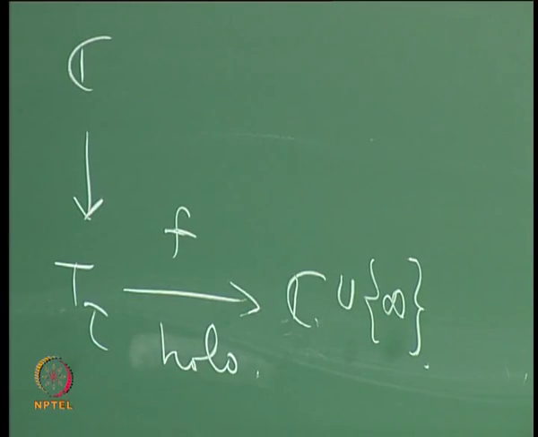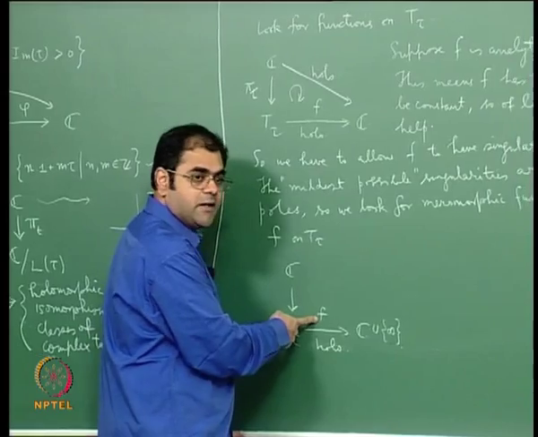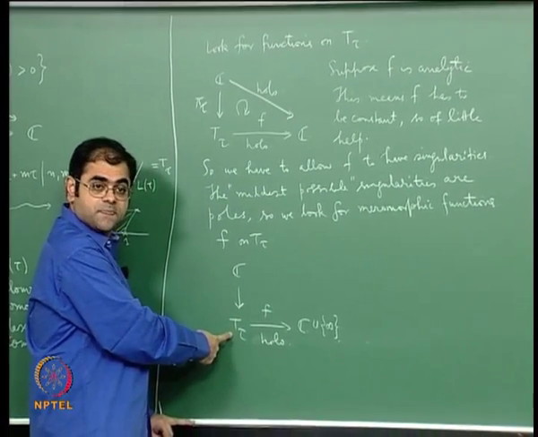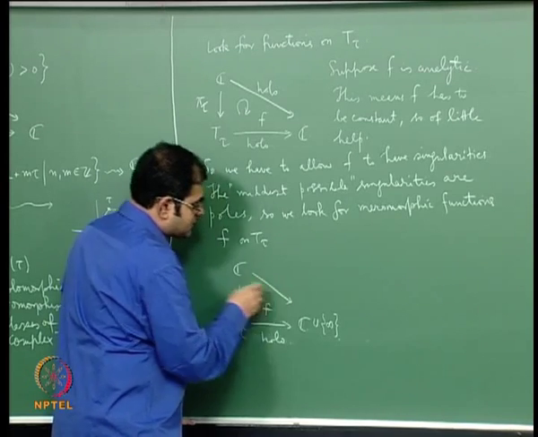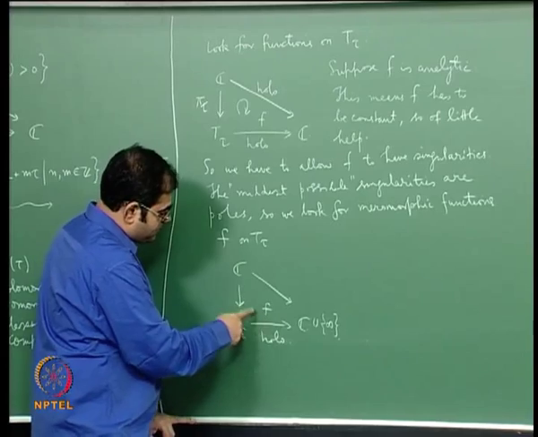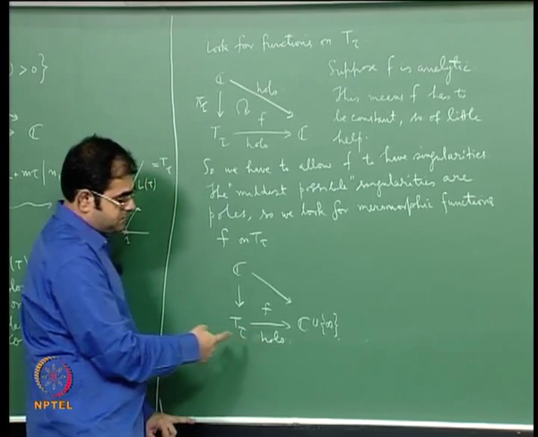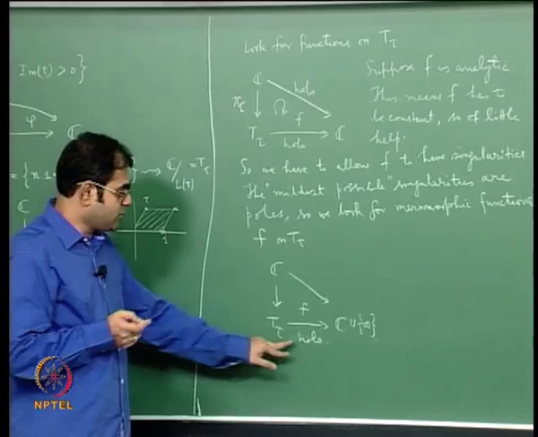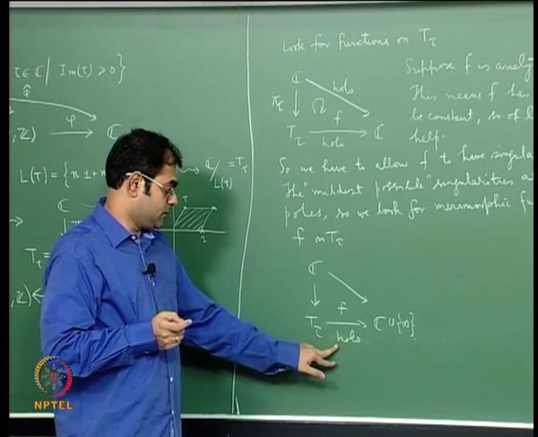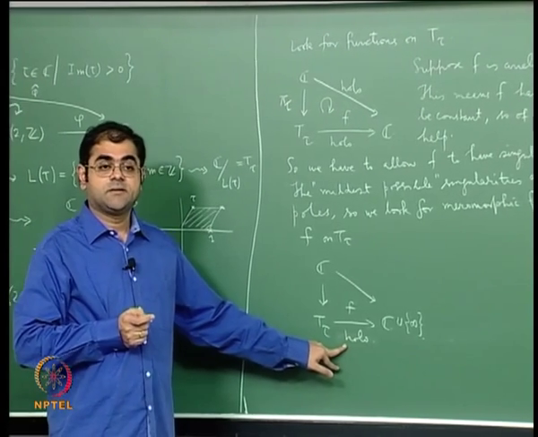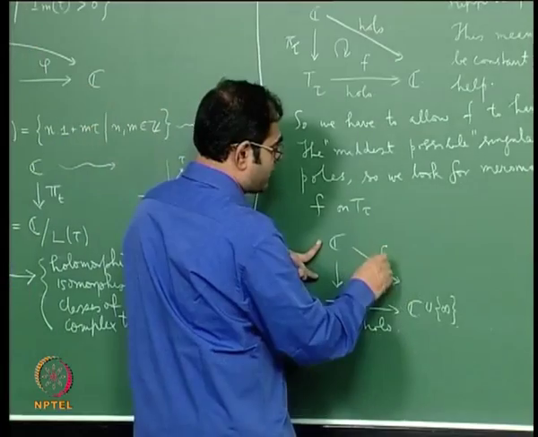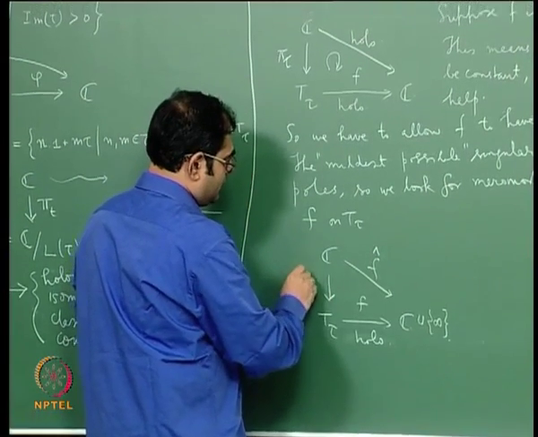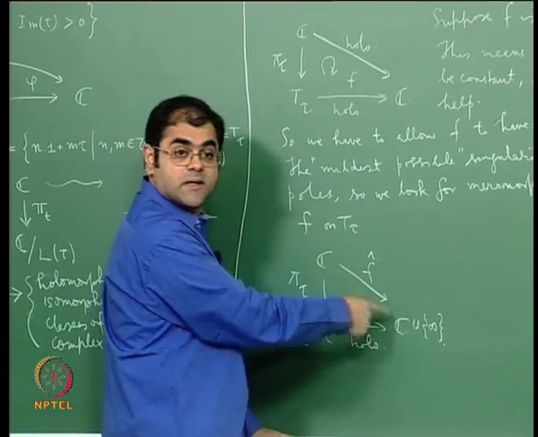Mind you, I am looking at meromorphic functions on the torus. Now what is happening above? Suppose I assume that the poles are isolated. Then if I go all the way above and look at this function f hat, it will also be a meromorphic function.